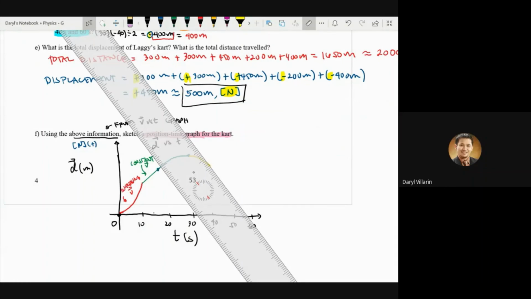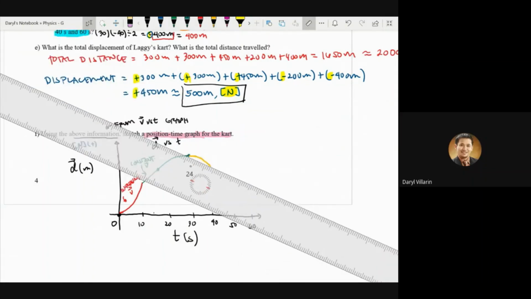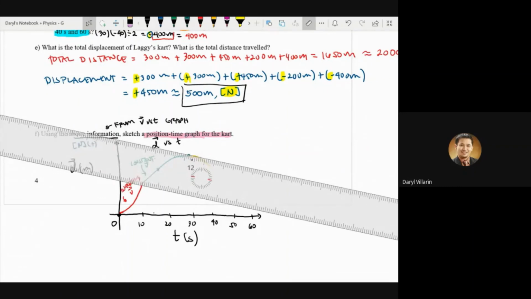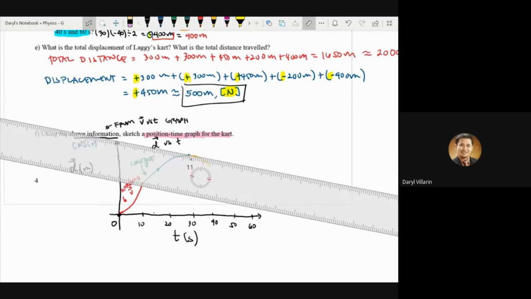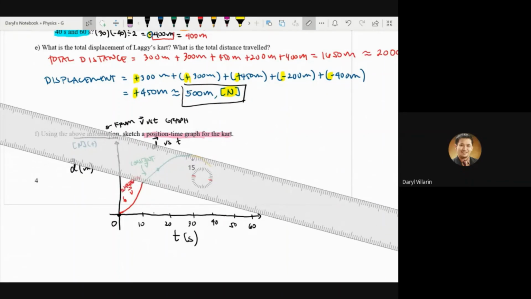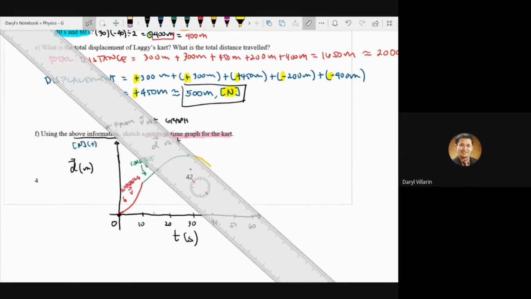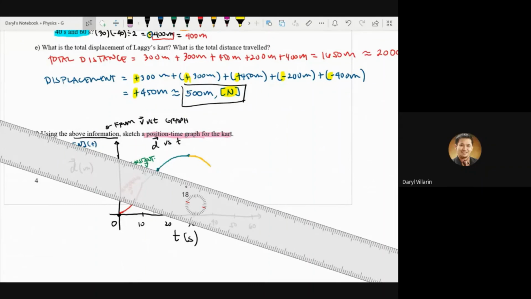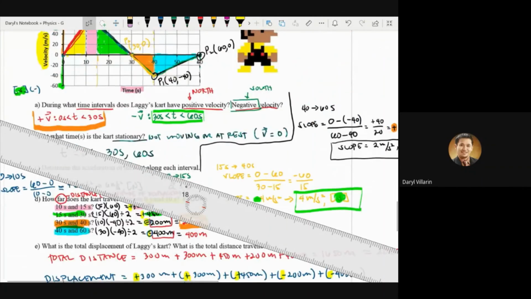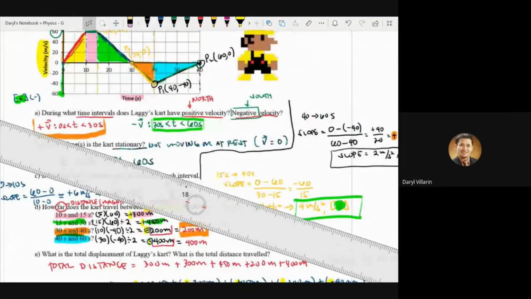If you draw tangent lines here to get the instantaneous velocity from 30 to 40 seconds, the slope will increase, which is precisely the same thing as what we have shown in the velocity-time graph. Again, this is increasing velocity, but moving in the opposite direction. Okay.